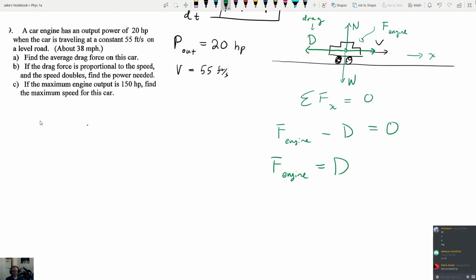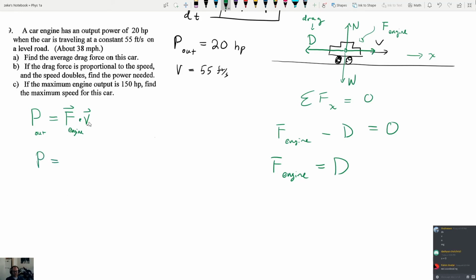Well, we just said that one of the ways you can calculate power is by taking the dot product of the force with the velocity. And we have power, and we have a force, and we have a velocity, so we can solve for the force of the engine.